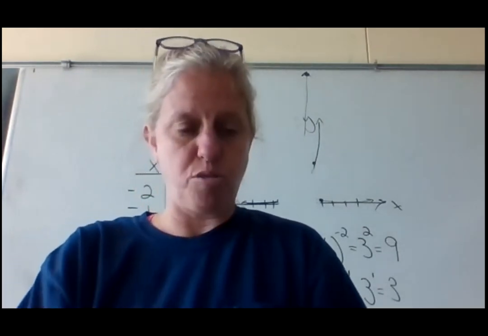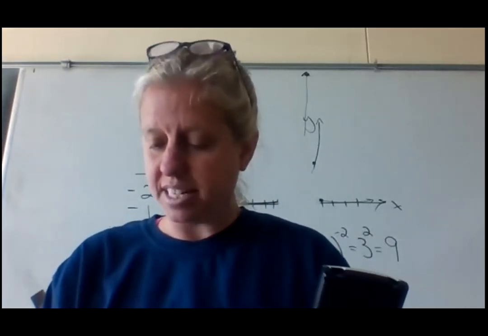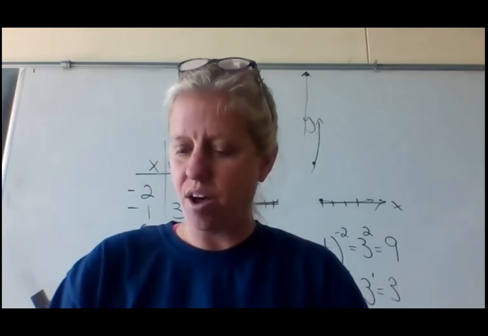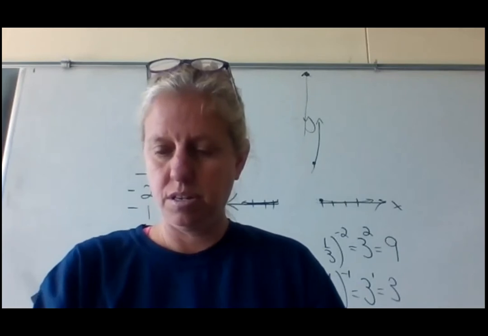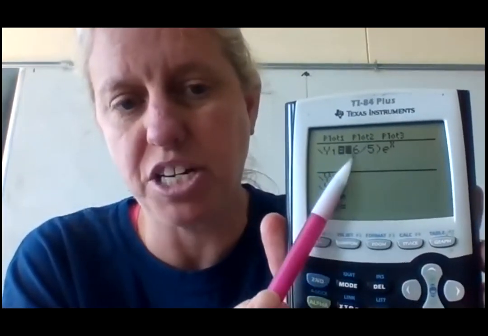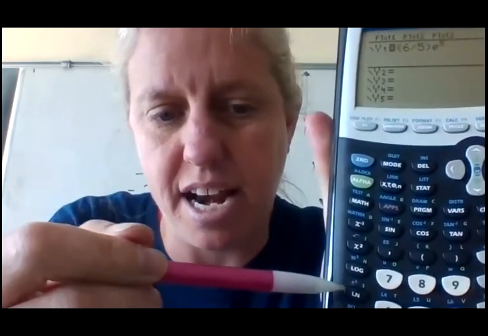Right, number 6. So I'm just going to go to my y equals and then type in exactly what it says, 6/5 e to the x power. So 6/5, I just put my fraction in parentheses. E, remember where your E is. You would hit second and then that LN button.